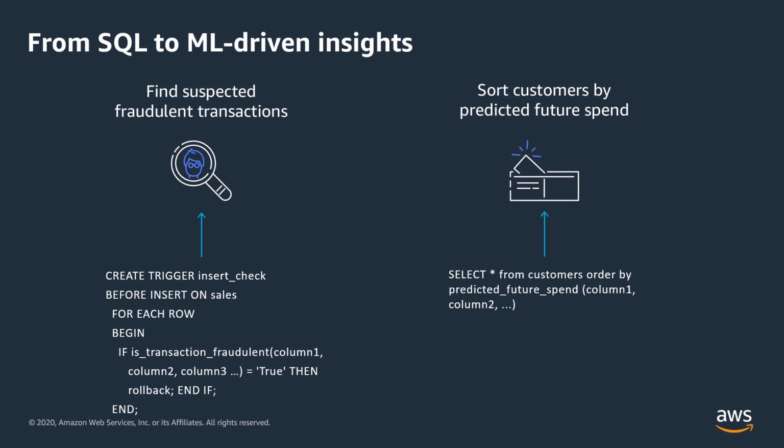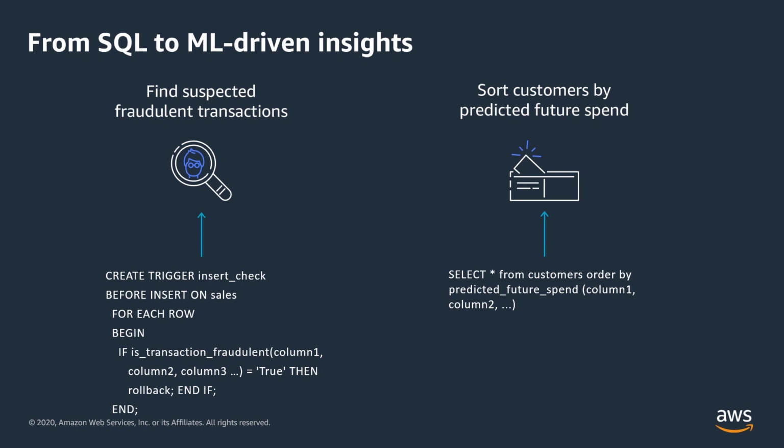So here are a couple of examples. The first example is to find suspected fraudulent transactions. If you imagine that you have a banking application, and in a banking application, you're inserting a transaction into a table.